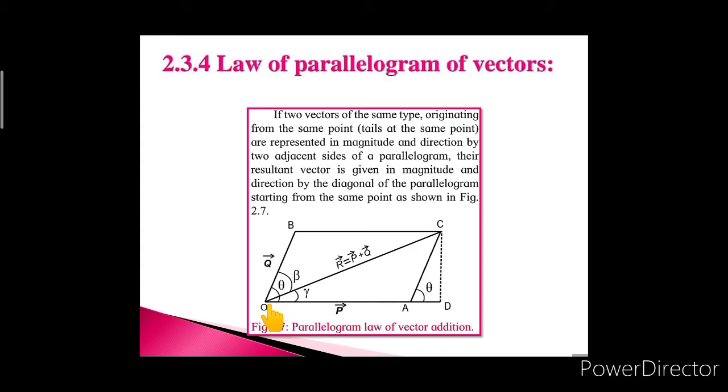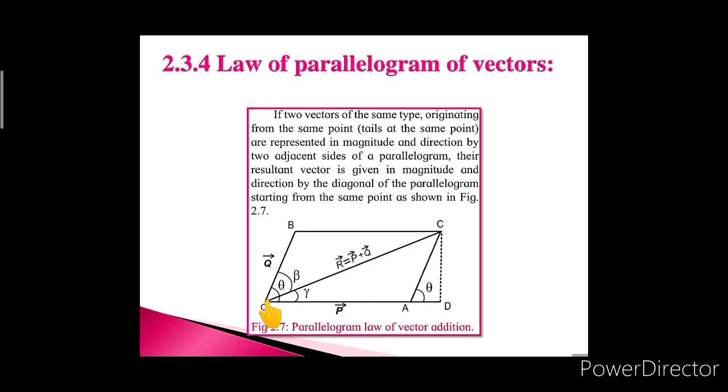That means their tail or starting point is at the same point, and these two vectors represent the two adjacent sides of the parallelogram. If we consider a parallelogram OACB, the OA side and OB side, which are the adjacent sides of the parallelogram, represent the vector P and vector Q respectively. And over here, the origin of these two vectors is at the same common point.